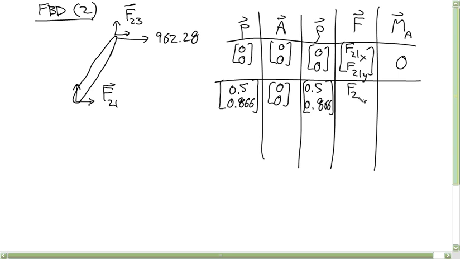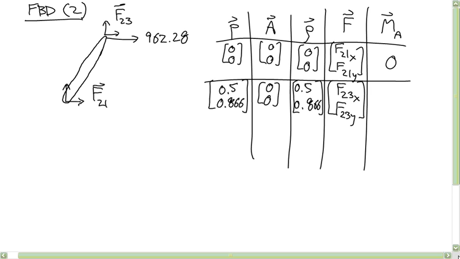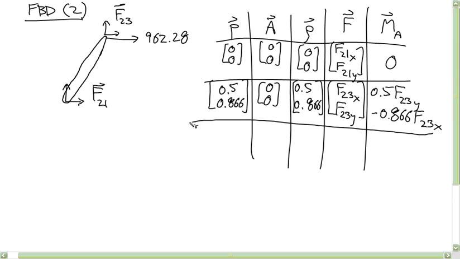Let's do 2, 3 first. So we have 0.5 F23Y minus 0.866 F23X. And then same location.